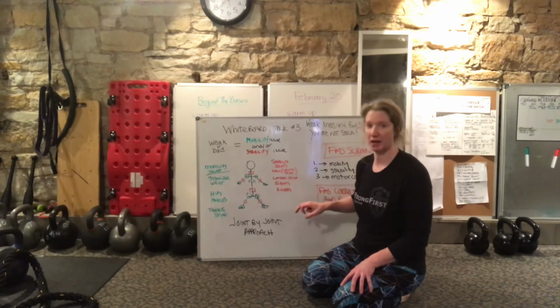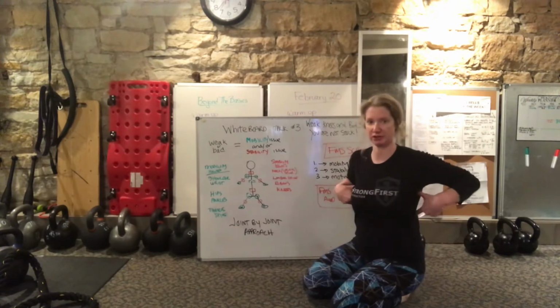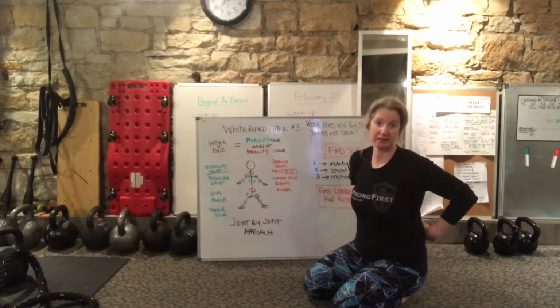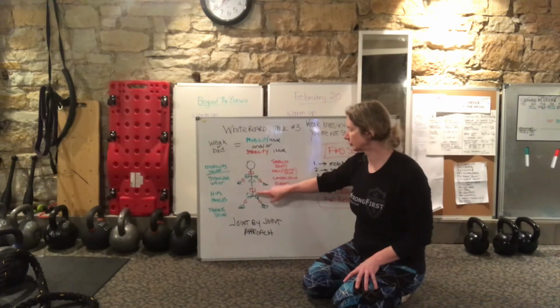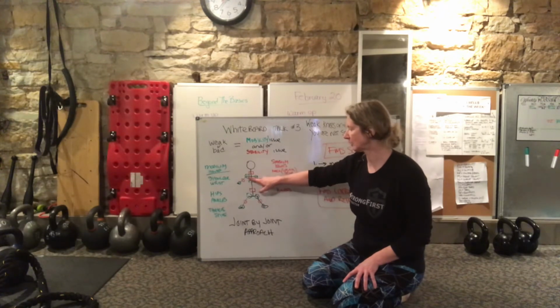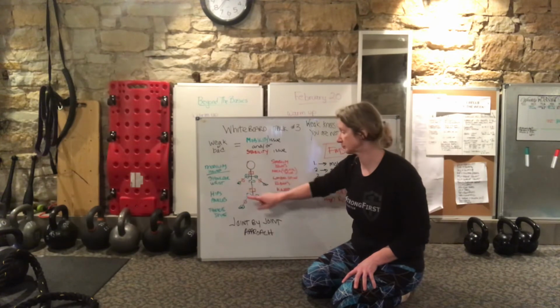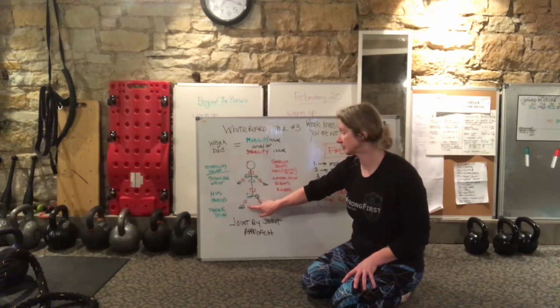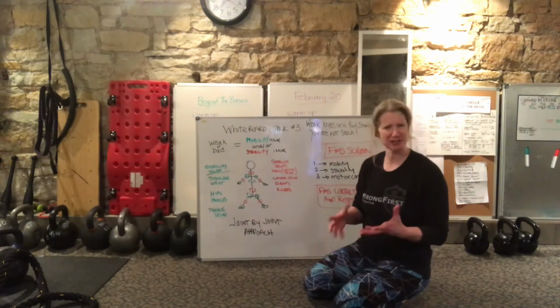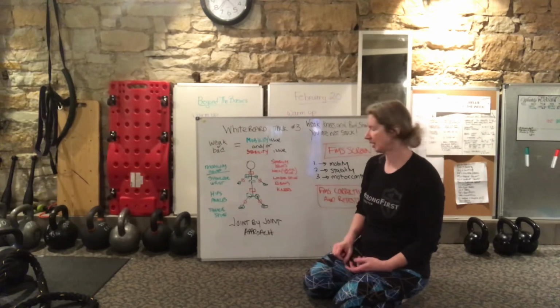The thoracic spine up here tends to have mobility issues. And then the lumbar spine tends to have stability issues. Then shoulders will have mobility, elbows stability, wrists mobility, hips mobility issues, knees stability issues, ankles mobility issues. So that's in general how it occurs.